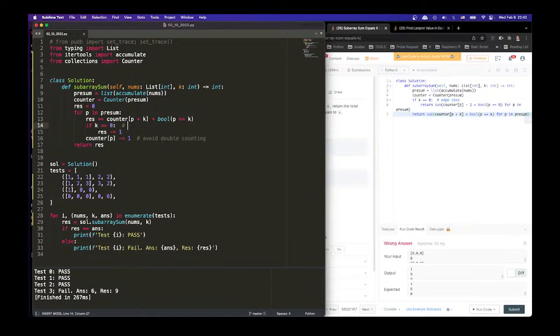So don't count p at the current position twice. Only count it once. If we do this, then we pass.